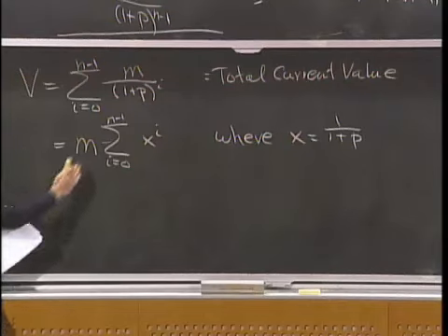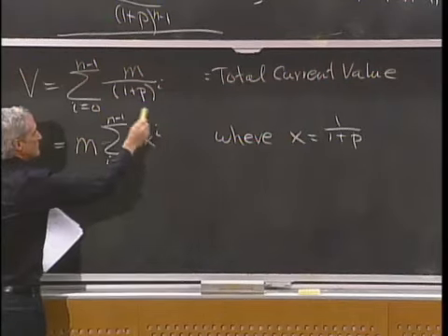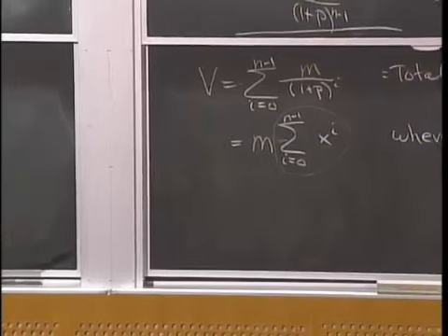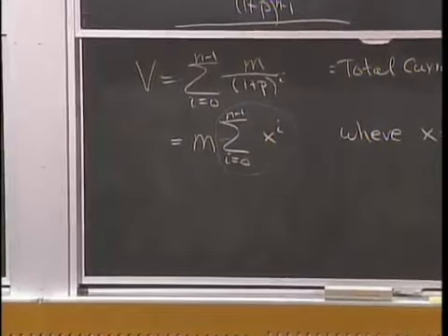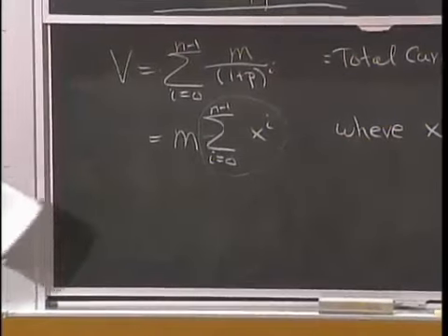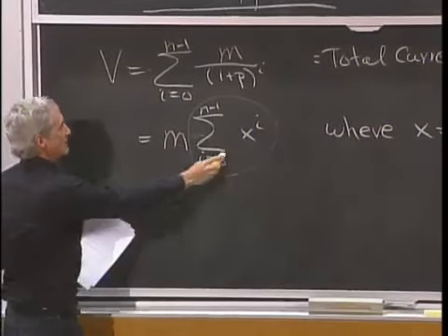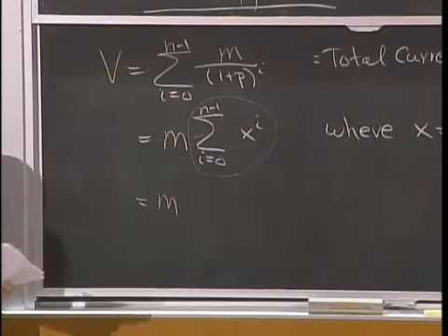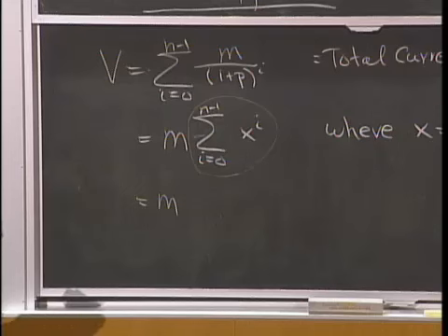And I wrote it this way because this might be familiar. Does everybody remember that from, I think it was the second recitation? Anybody remember the formula, what this evaluates to? The sum of x to the I, where I goes from 0 to n minus 1?